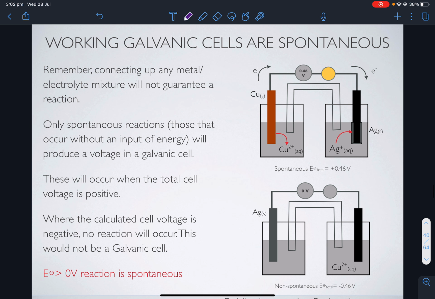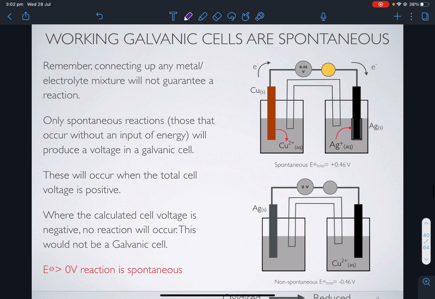All right, so working galvanic cells are spontaneous, okay? So connecting up any metal and electrolyte mixture will not guarantee a reaction. You can get non-spontaneous examples. Only those spontaneous will work or give a working galvanic cell, okay? And the way you can test it is you can wire in a voltmeter, you can put a bulb in there, okay?